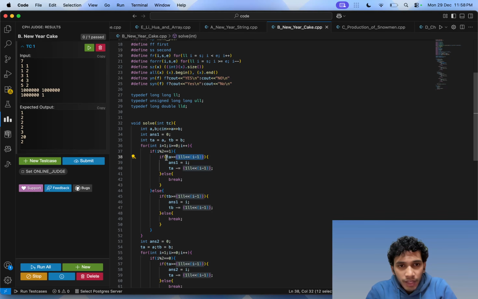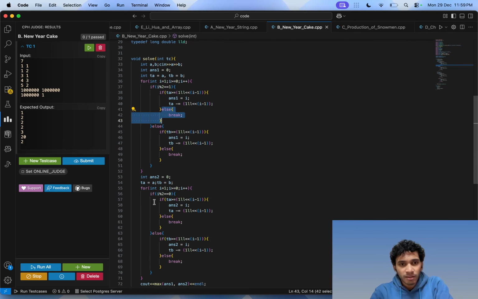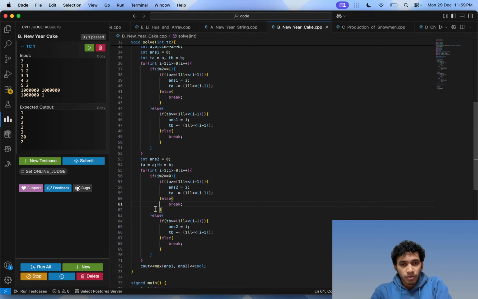All right, if we can satisfy this condition, we can have this many number of layers, and we subtract that amount of chocolate from A. Else, if we cannot satisfy it, just break, and that is the number of layers we can have. So that is it. Similarly, the same scenario for black on top.